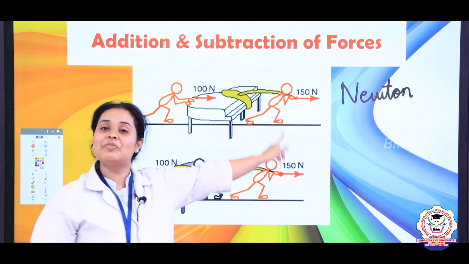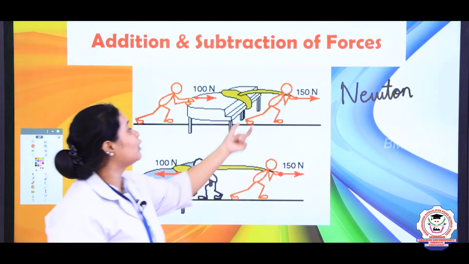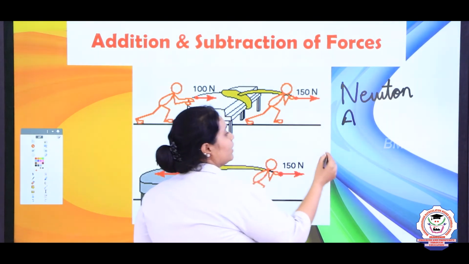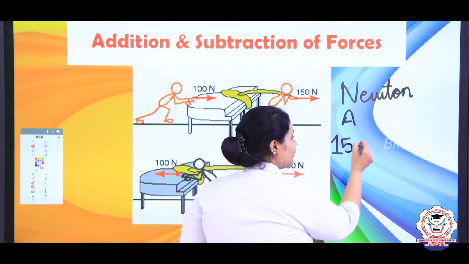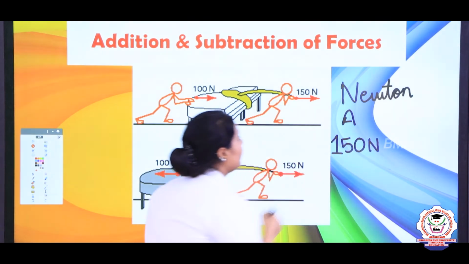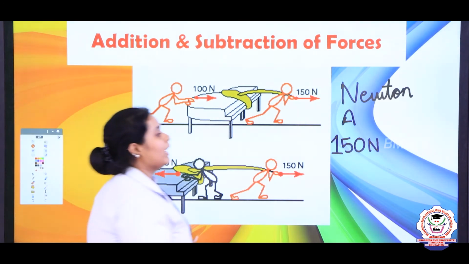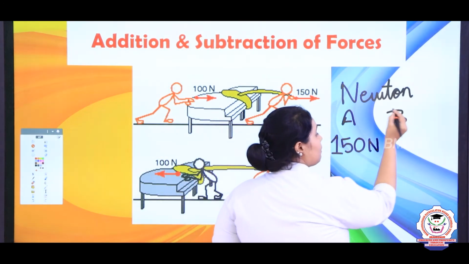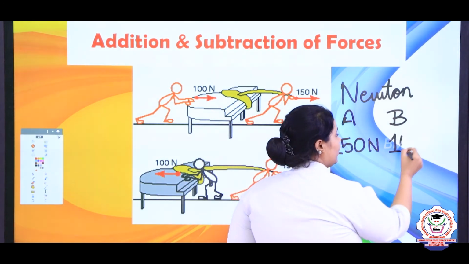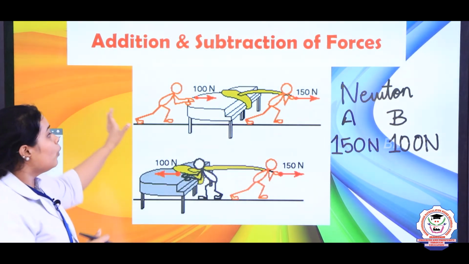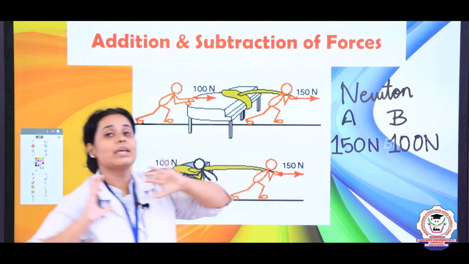So, I said that the first person is applying the force of 150 Newton. So, you can write A is applying the force of 150 Newton. Then, you will see one more person, B, is also applying a force of 100 Newton. Plus, you can see that both the persons are applying the force in the same direction.